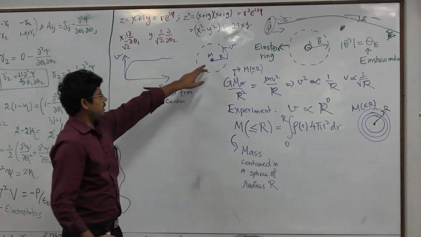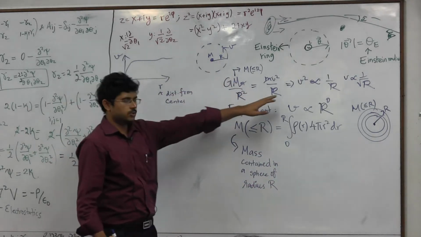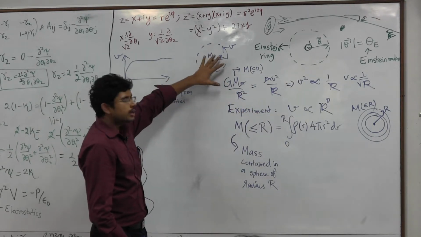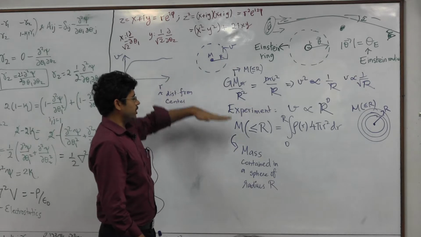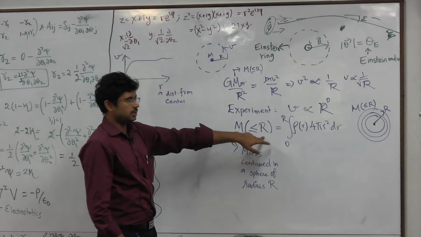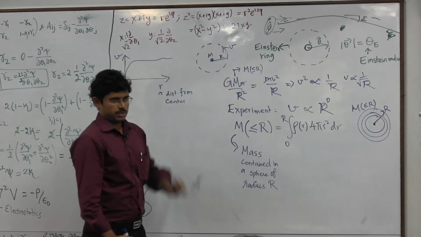So clearly, if it is a point mass, it has to go this way, which means it is not a point mass, it is distributed. And at larger radii you go, the mass might increase, which is why I am explicitly putting the size of the sphere in here.